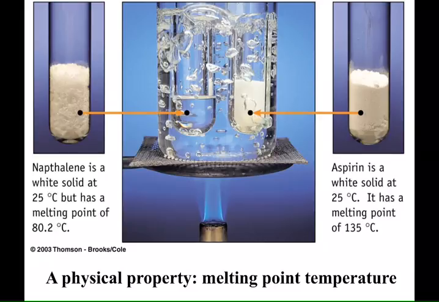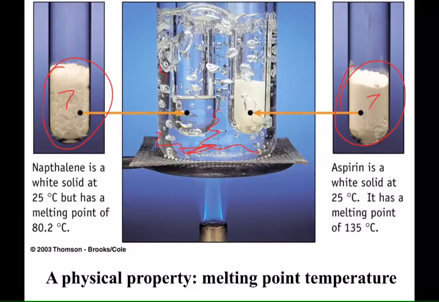A physical property we saw on the previous slide was the boiling point temperature and the melting point temperature, those transition temperatures. I think this is quite clever. If somebody has two white powders and wonders which powder is naphthalene and which is aspirin, they put them in boiling water.